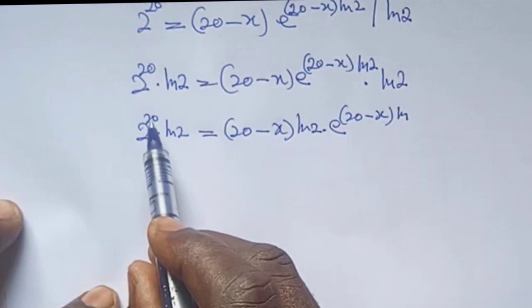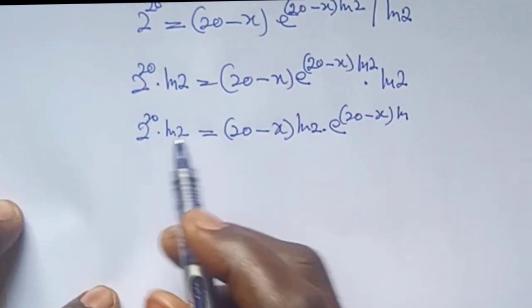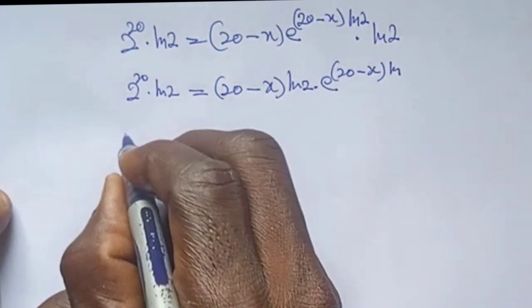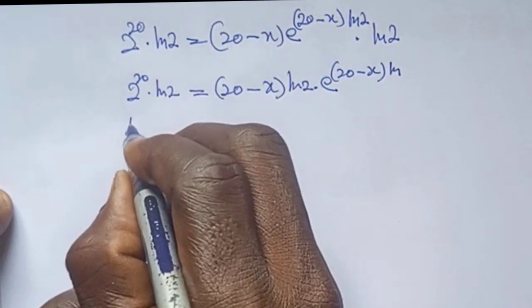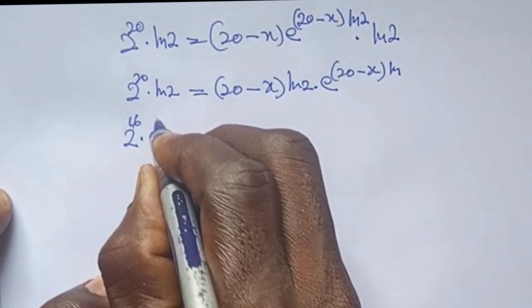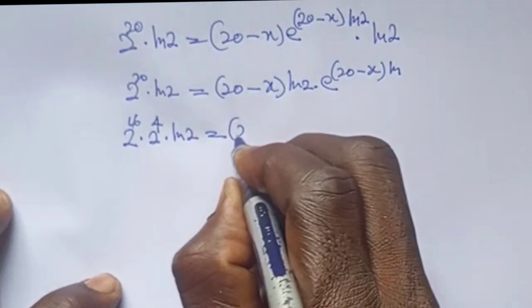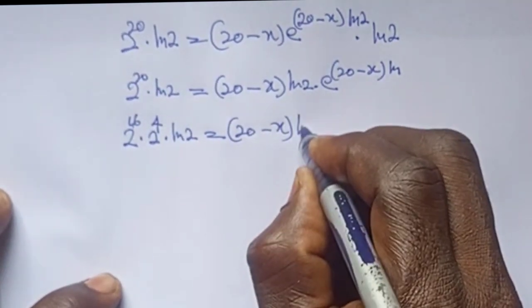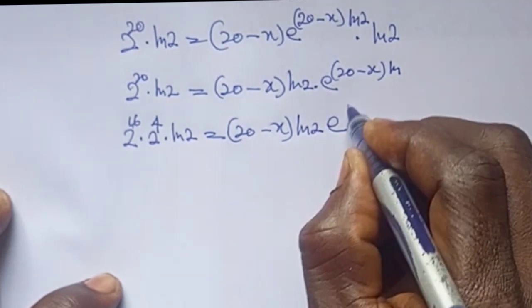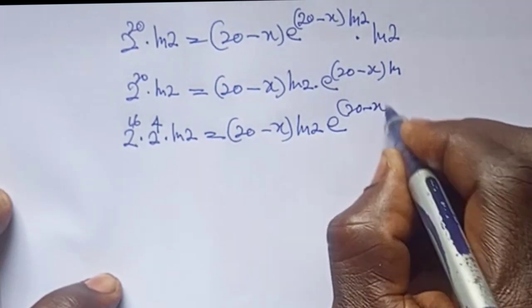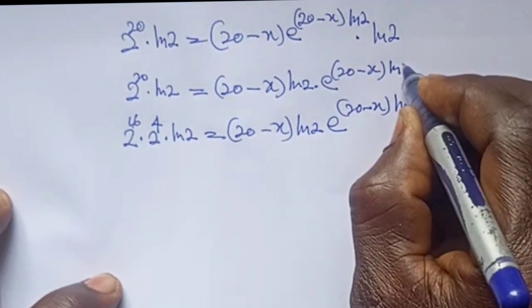We can split 20 into 16 plus 4. That is 2 to the power of 16 times 2 to the power of 4 times ln 2 is equal to 20 minus x ln 2 exponential 20 minus x ln 2.